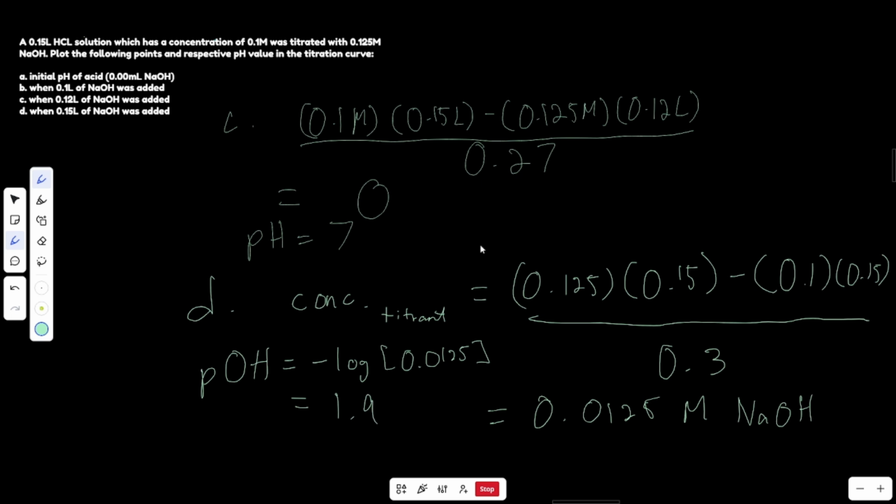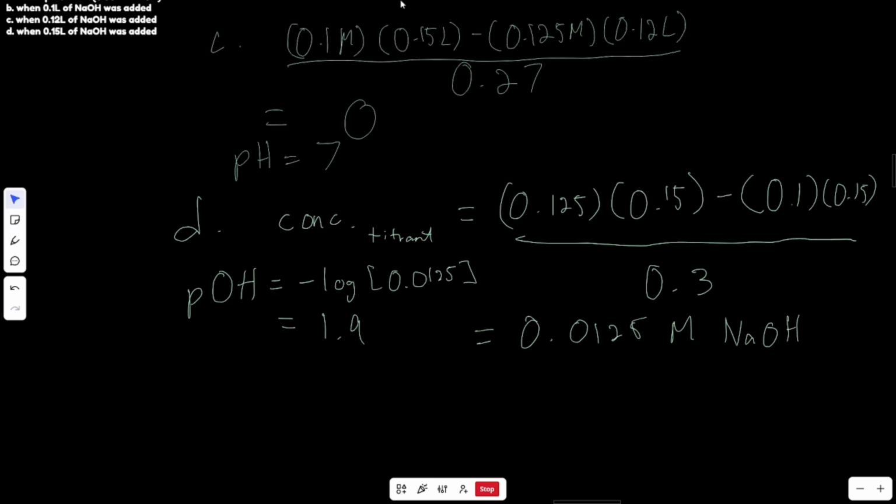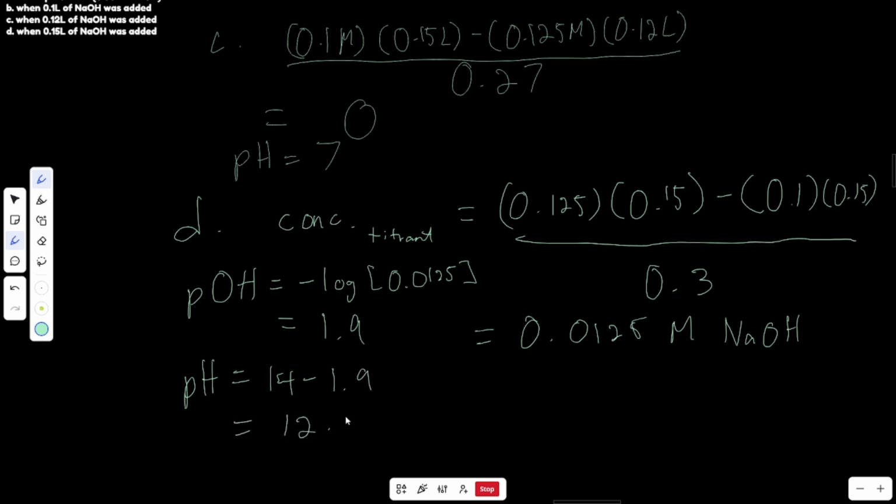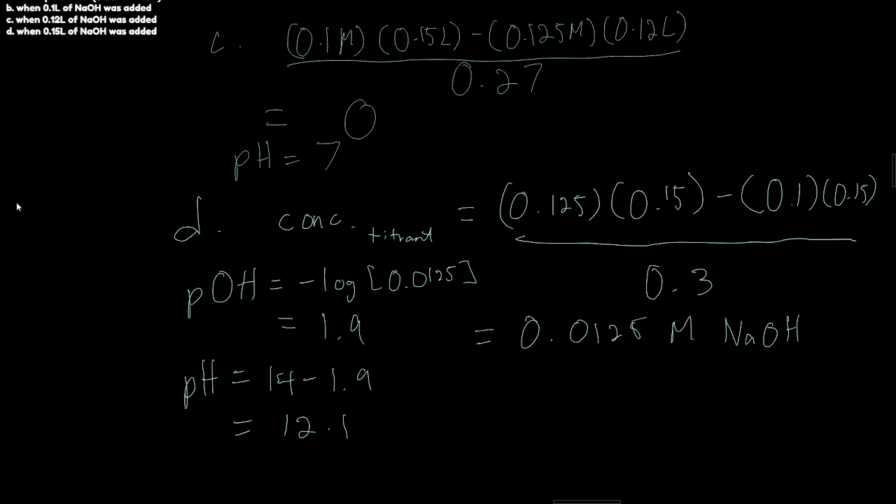Now, how do we get the pH from this? Well, as we know, pH is just equal to 14 minus the pOH. So pH is equal to 14 minus 1.9, and that's going to be equal to 12.1. So 12.1 is going to be the pH once 0.15 liters of NaOH is added.